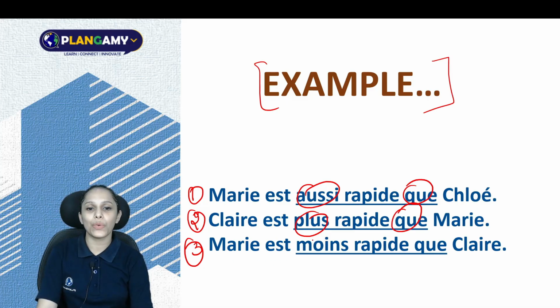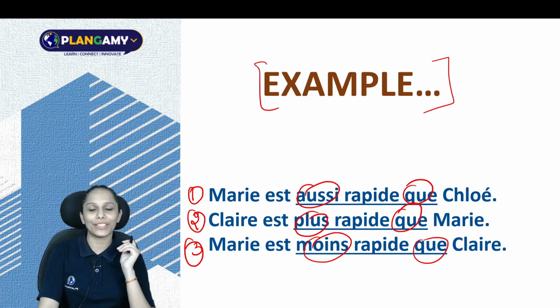Now the third one, when we want to show inferiority, we use moins que. This sentence says Marie est moins rapide que Claire. It means Marie is slower than Claire.